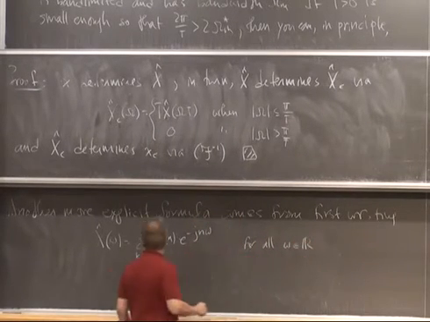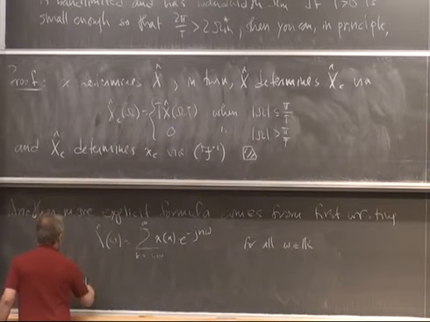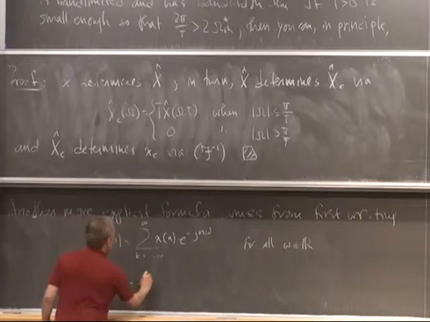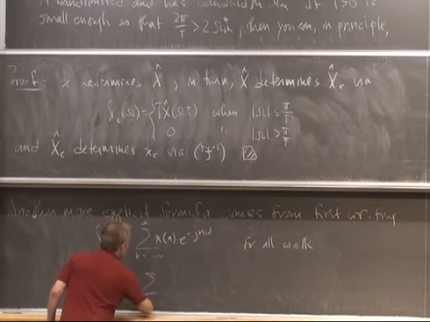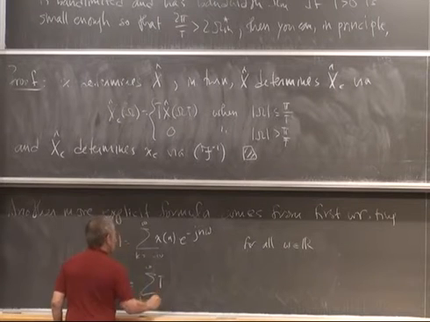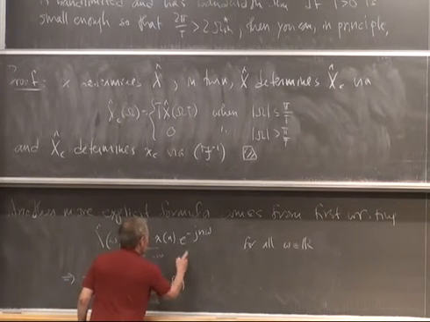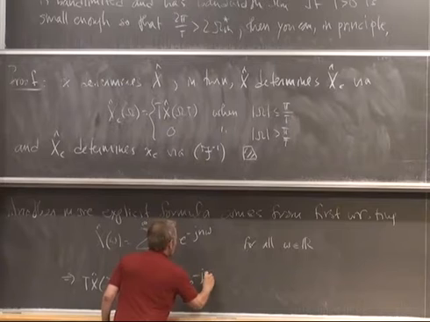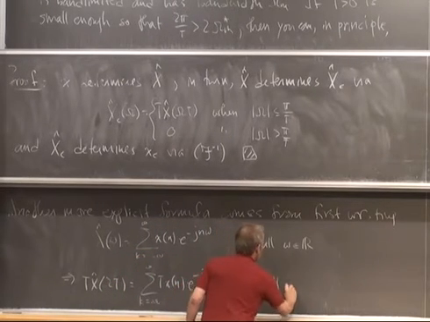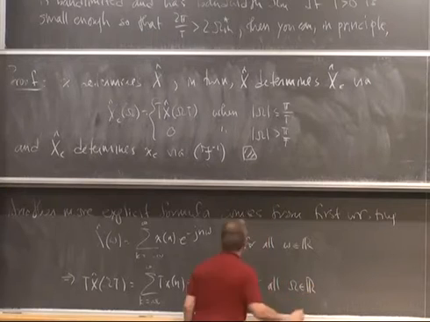Which means that T x hat of capital omega T is equal to the sum from n equals minus infinity to infinity of T x of n e to the minus j n capital omega T, for all capital omega in the reals.